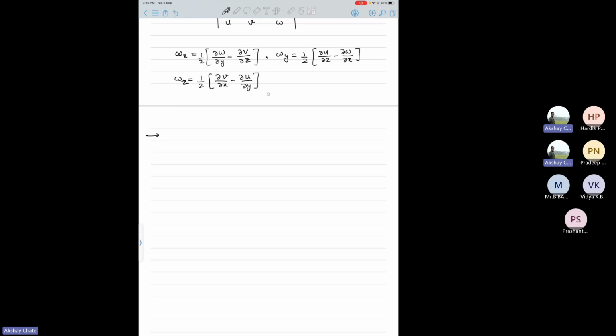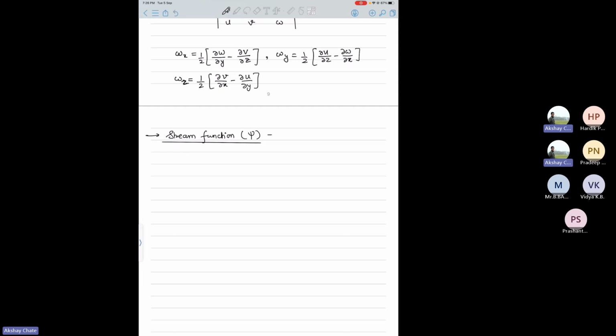First of all, the stream function, which is conventionally denoted by the psi symbol.